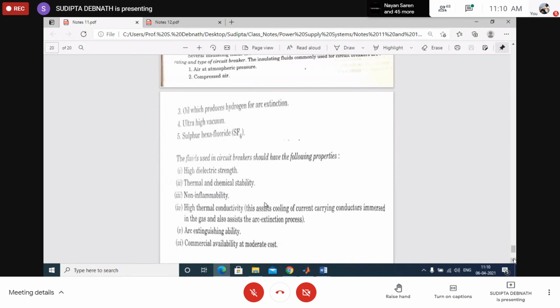Actually, on the basis of these insulating fluids, the circuit breakers are named: air circuit breaker, air blast circuit breaker, oil circuit breaker, vacuum circuit breaker, like that. So these are the types of circuit breaker.